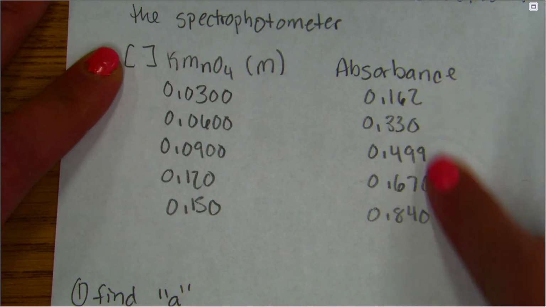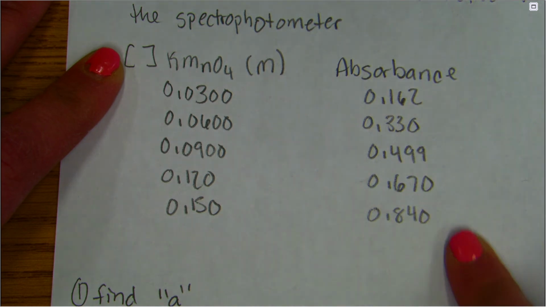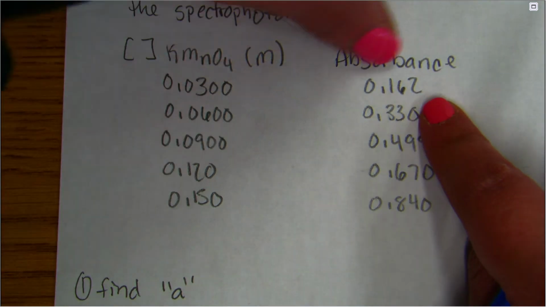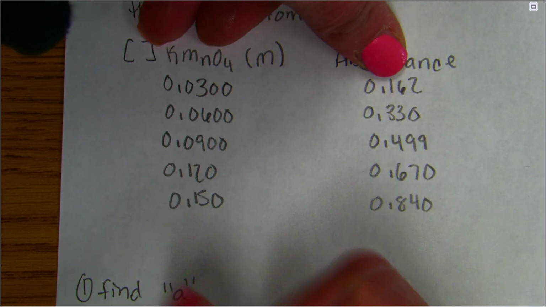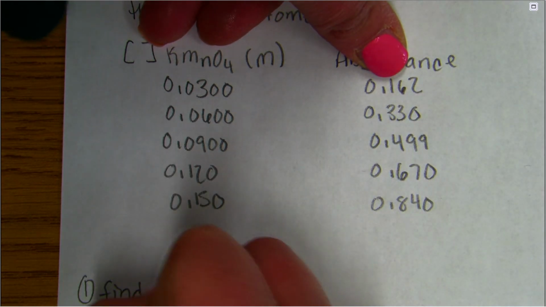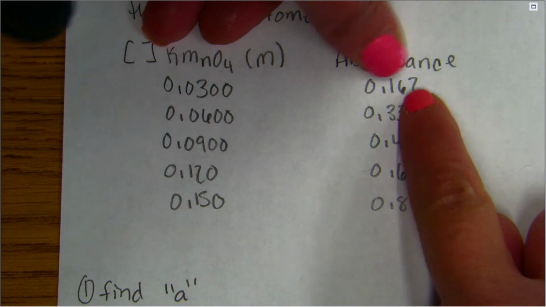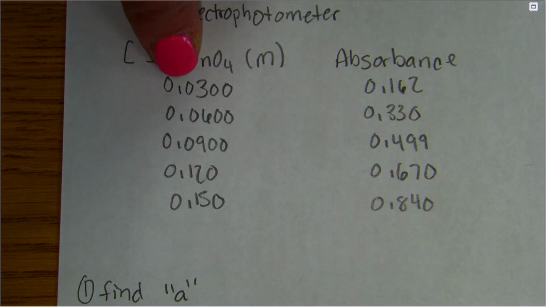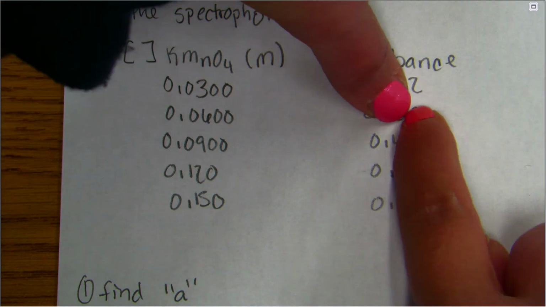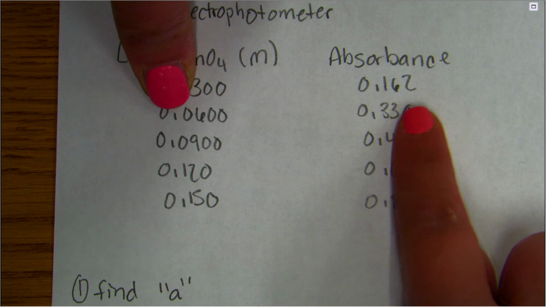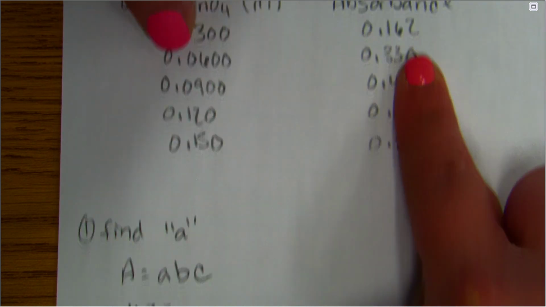I've got all of these different absorbance levels here. So I'm going to pick an absorbance from my calibration data, and in this case, I'm just going to pick the first one. As long as they line up, it doesn't really matter. If we had picked a different absorbance, we would have to make sure we use the appropriate concentration that goes with that absorbance, okay?